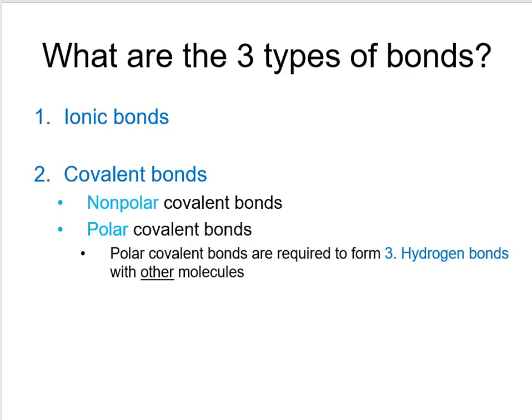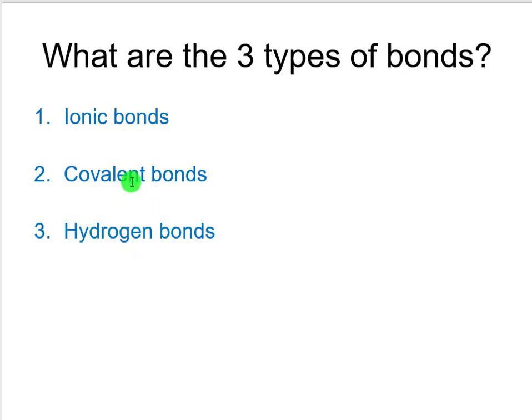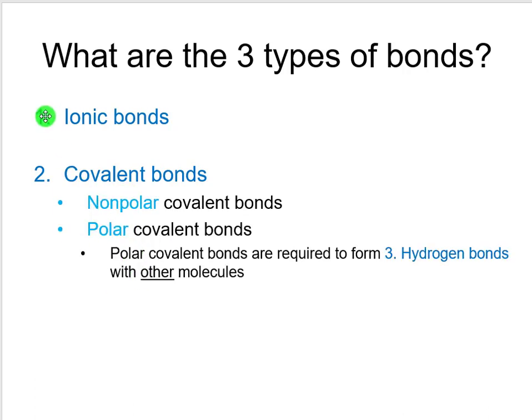So again, these are the 3 types of bonds: ionic bonds, covalent bonds, and hydrogen bonds. All I'm really saying to you is that when you understand the different flavors of covalent bonds, that is what allows you to eventually form hydrogen bonds. So this might be 1, 2, and I put number 3 over here. This might be a more accurate kind of visual depiction of how these bonds work.